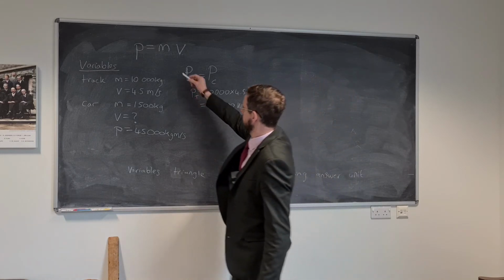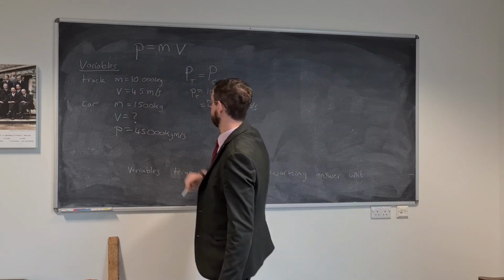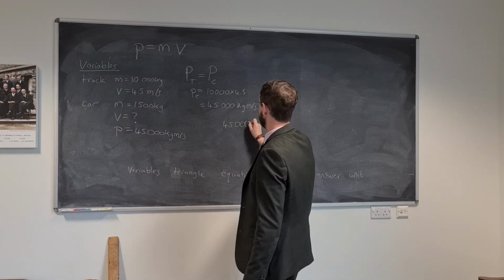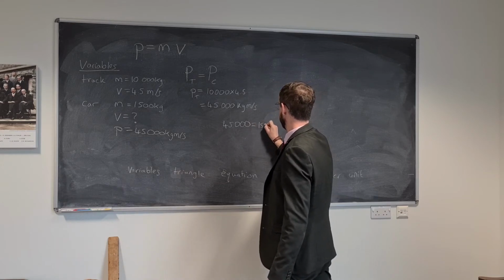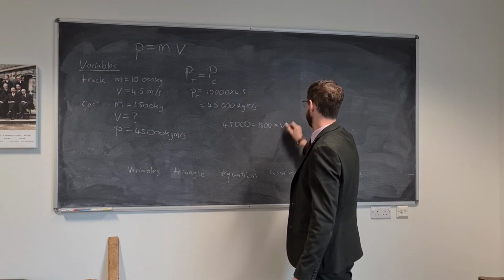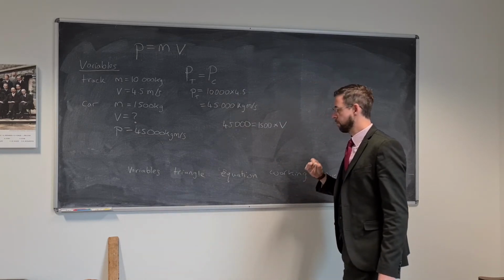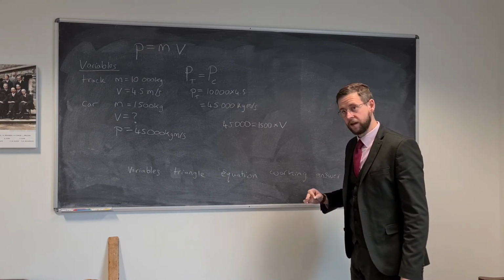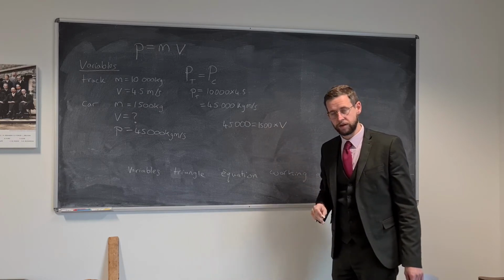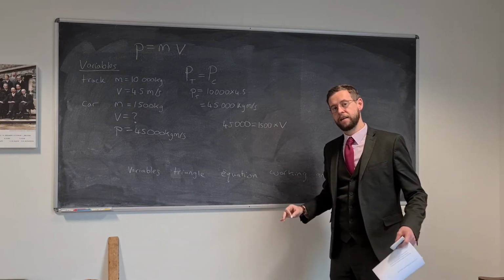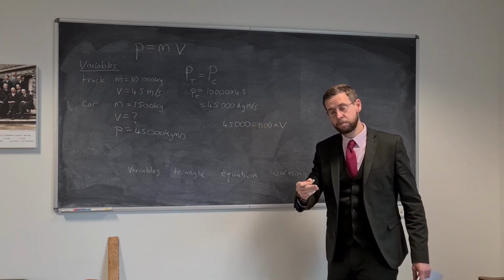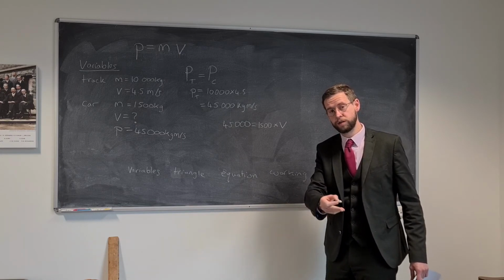So I have got M and P. What I could do is write that 45,000 is equal to 1,500 times V. I would then explain at this stage that if I am multiplying V by 1,500, then I can undo that by dividing both sides by 1,500, thus explaining the algebra that the formula triangle would have done.